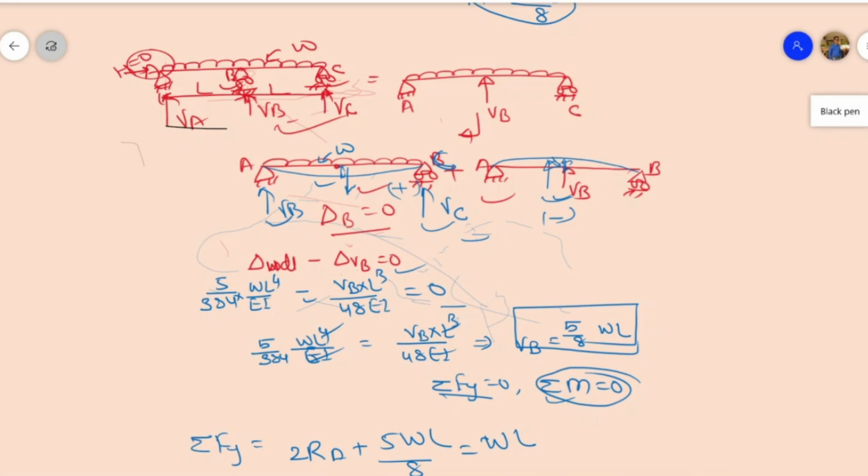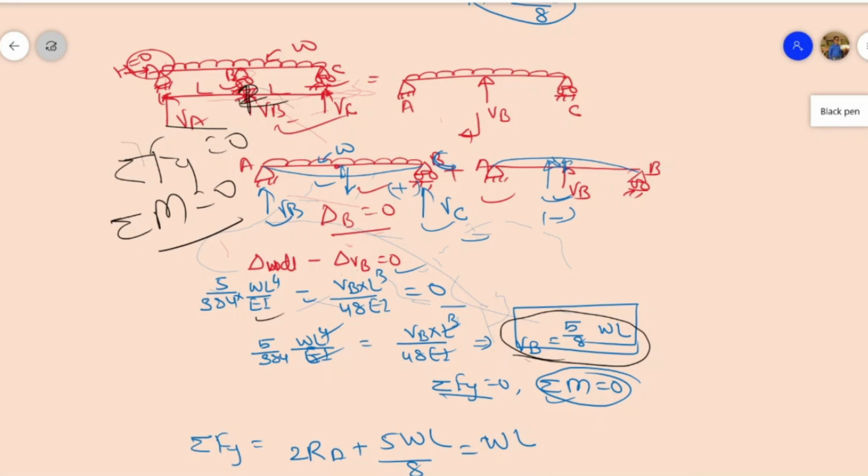We are dividing it into two and taking the compatibility condition that net deflection at point B equals 0, and writing the deflection amounts. With the help of the deflection amounts we can calculate VB, and once VB is calculated, then with the help of summation of Fy equals 0 and summation of M equals 0 we can calculate VA and VC, right?